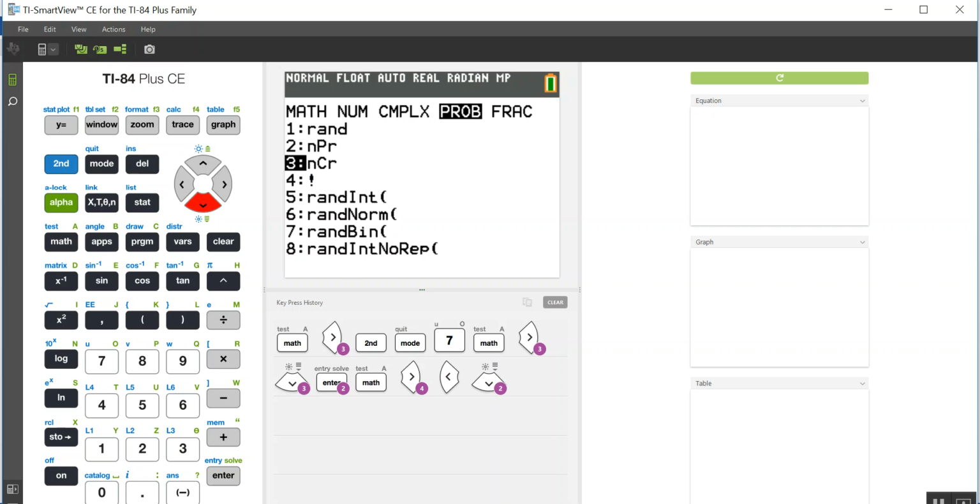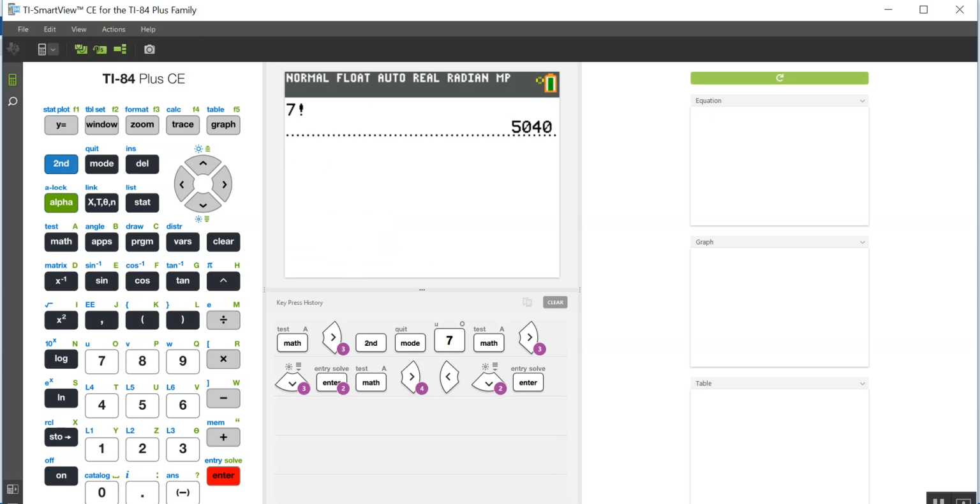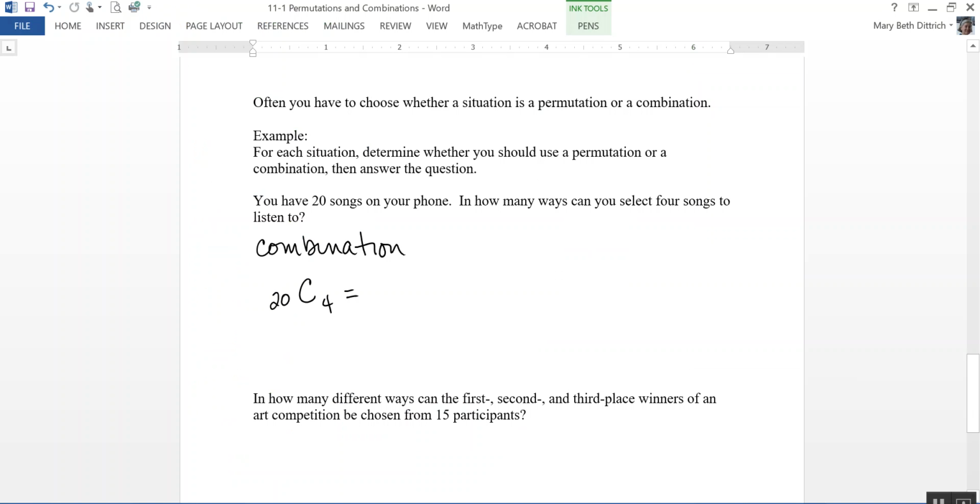Depending on your calculator, you might actually have to put the n in first. My calculator actually has a little box down here, so I can put 20 in there and just arrow over till I get to the other box, put in a 4, and this does the calculations for me. So there are 4,845 ways that I can choose 4 songs out of a list of 20.